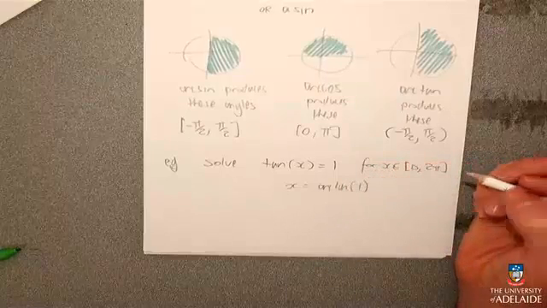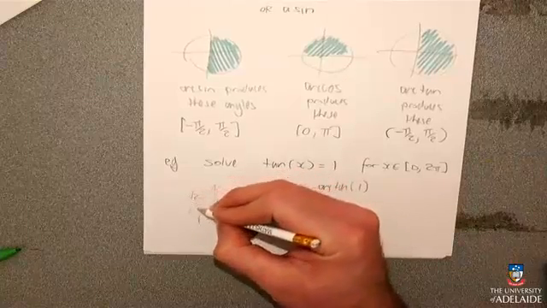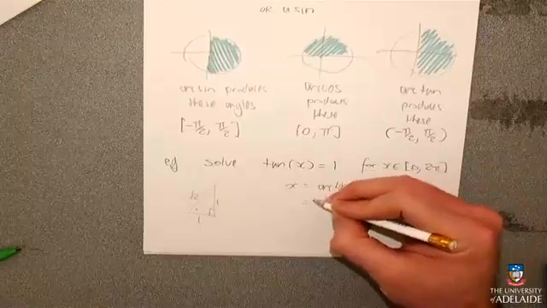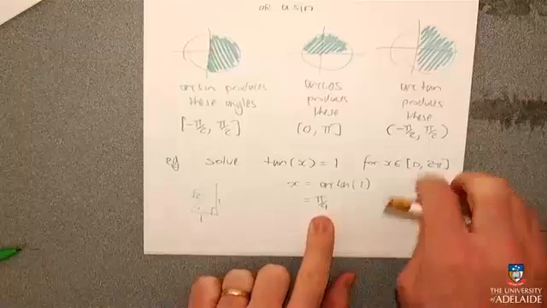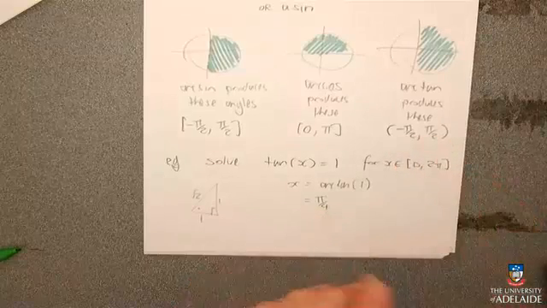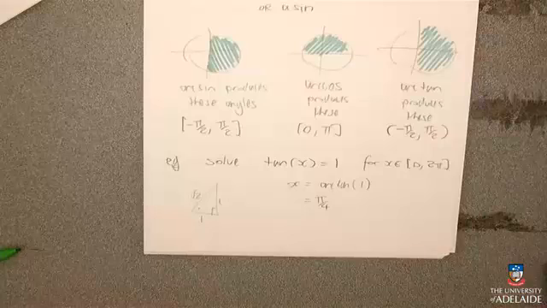And arctan of 1, oh gosh, is pi on 4. And that's a perfectly good angle that's between minus pi on 2 and plus pi on 2, so I can choose that. Only the problem is, x isn't equal to just pi on 4. There's another answer.